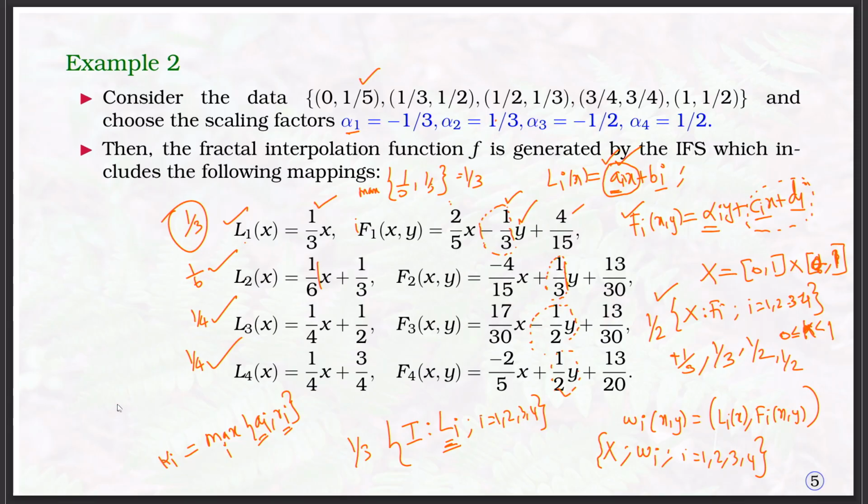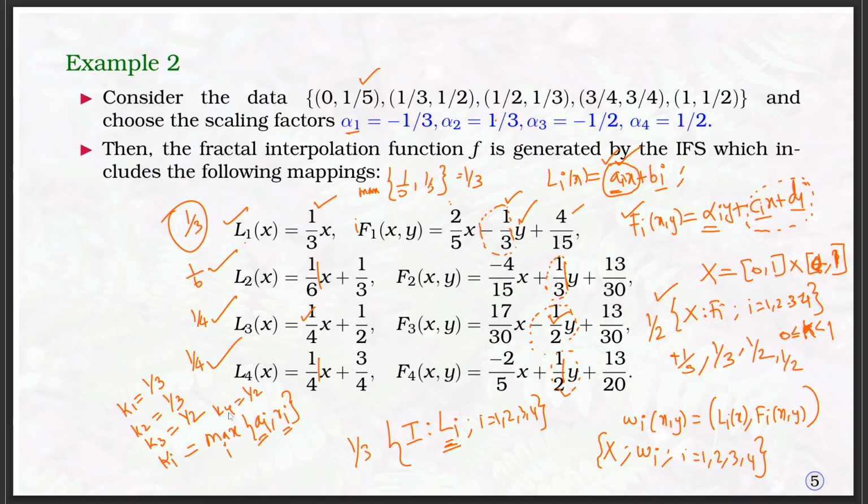Then what is K1? For K1 we get the maximum among 1 by 3 and 1 by 3, which is 1 by 3. K2 is the maximum of 1 by 2 and 1 by 3, we get 1 by 2. And K3, here 1 by 4 and here 1 by 2. So, 1 by 2 is the maximum. And here 1 by 4 and 1 by 2, again K4 is 1 by 2.